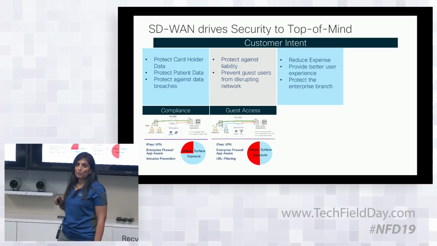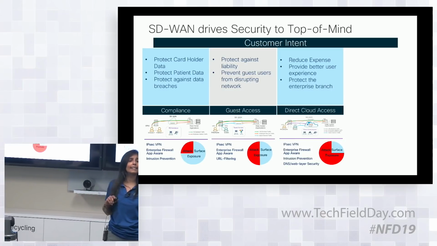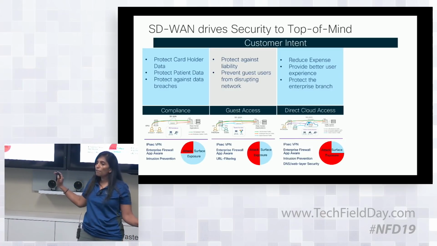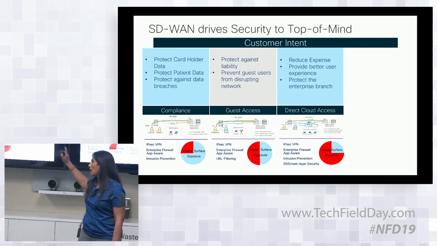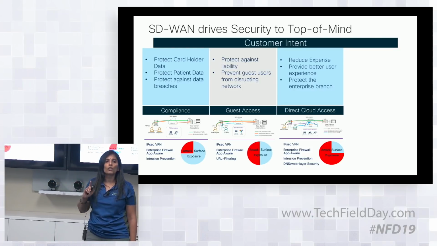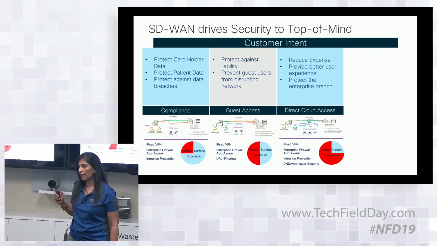Another group of customers tell us, well, I have my employees. I don't want to haul all of their internet traffic all the way to the headquarters, and I want to pick and choose certain SaaS applications to get optimal performance and break that out directly from the branch to the internet.